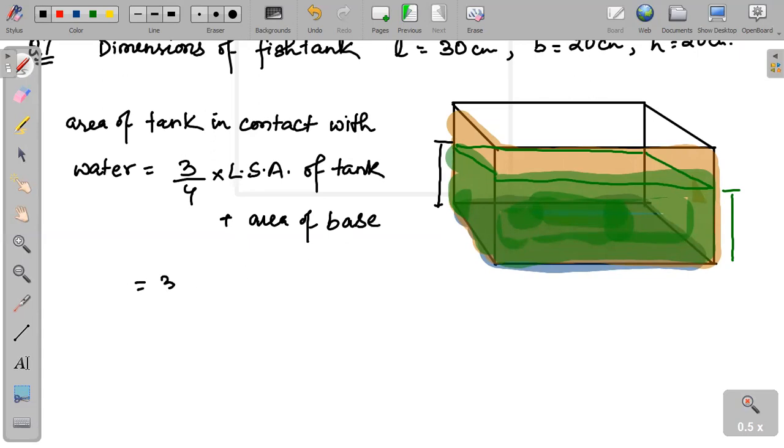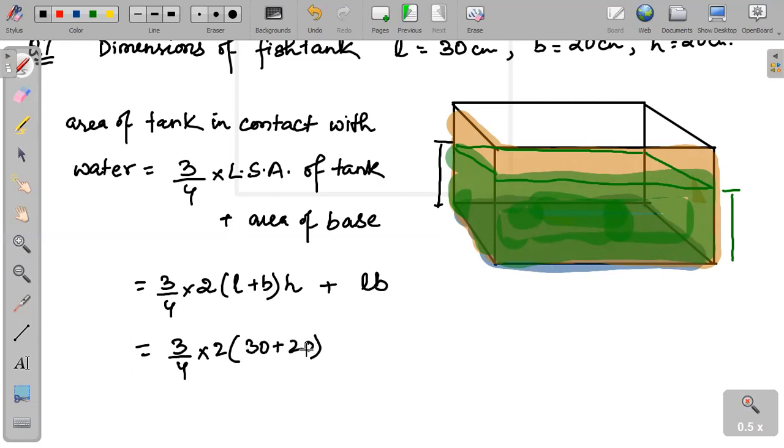That is equal to 3/4 into 2 into (L plus B) into H plus LB. That is equal to 3/4 into 2 into (30 plus 20) into 20 plus 30 into 20. यूनिट क्या रहेगा?